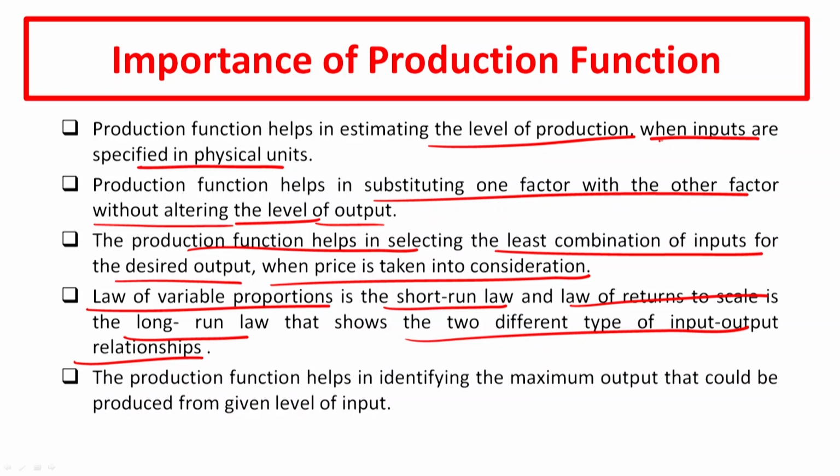The production function helps in identifying the maximum output that could be produced from a given level of input. That means the production function helps in locating that combination of inputs which can give you the maximum output at the least prices.